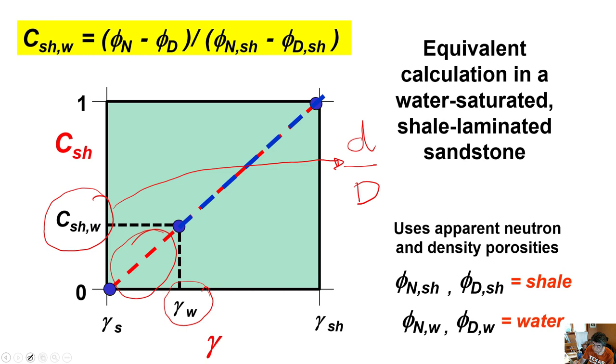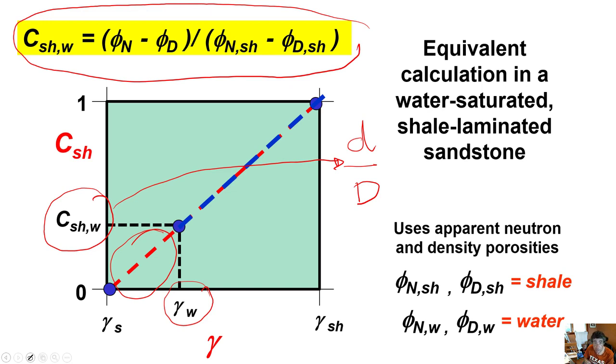That ratio is evaluated here with the formula highlighted in yellow, which means the upper part is the lowercase d and the lower part, the denominator, is the uppercase D. And the variables are expressed over here. So one is for the measurements across the shale and one is for the measurements of the neutron and density logs across the water saturated sandstone.